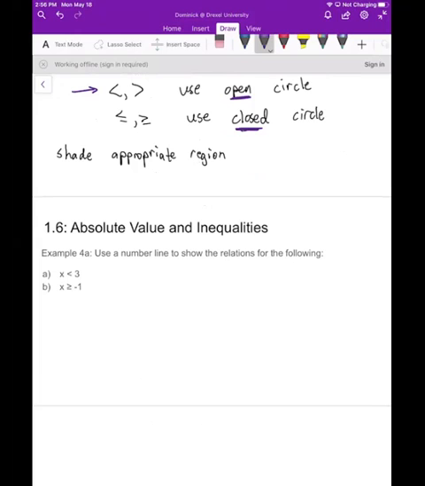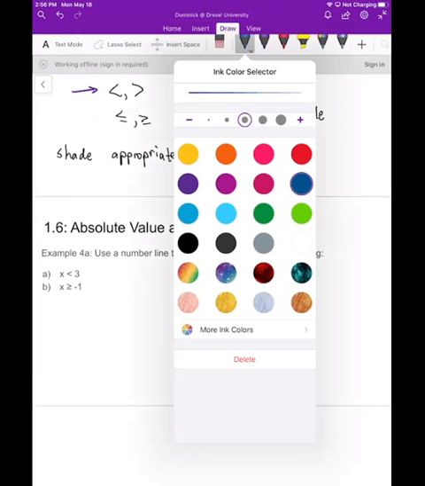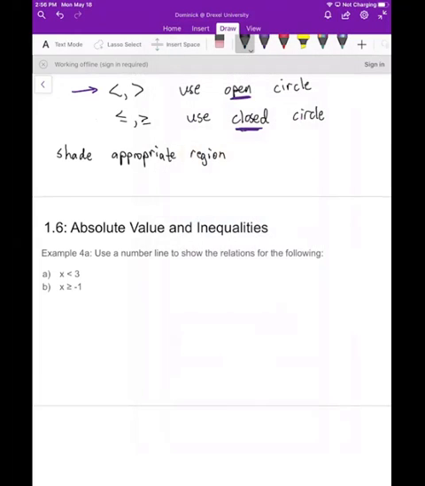Okay, so for example, let's look at x less than 3. If I have 0 here, 3 is somewhere over here. For this one, I have an open circle because I don't include the equal sign, right? So there's no equal sign here, so it's an open circle.